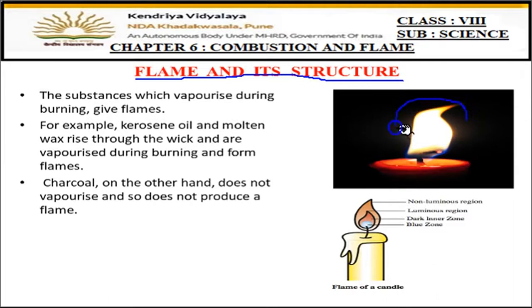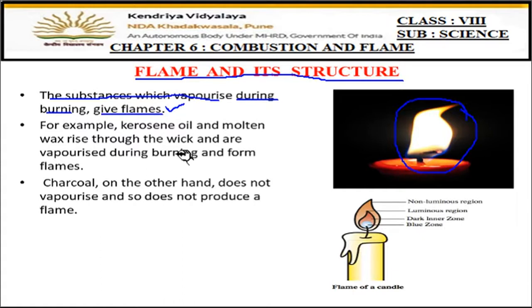Okay, so you can see here the diagram of a flame. This is a flame. Okay, so the substances which vaporize during burning, they give flames. The substances which when given heat convert into vapors, they can only give the flames. Now all the burning fuels will not give the flames.